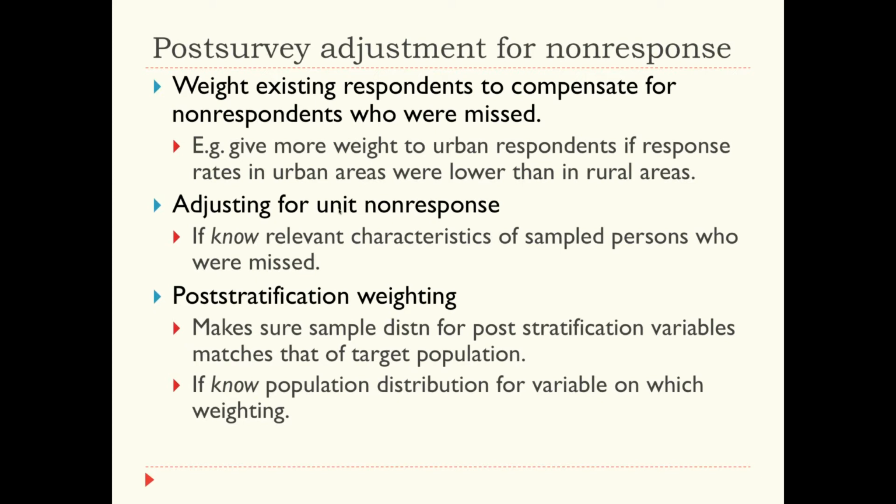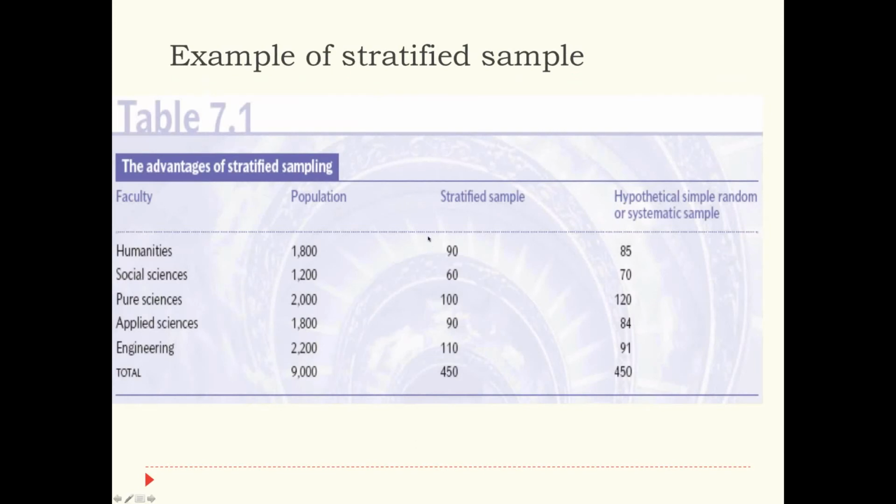So what post-survey adjustments means is, let's say we did this stratified sample. We know exactly what our sample should look like when it comes to faculty and their colleges. But not everybody answers the survey. Let's say that the people in engineering are more likely to travel and have other consulting gigs, and they're just harder to track down. So we wind up with them underrepresented.